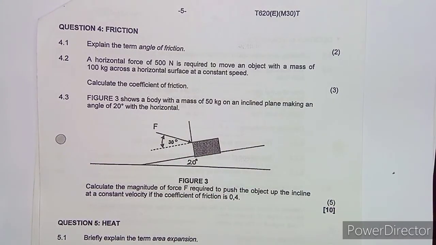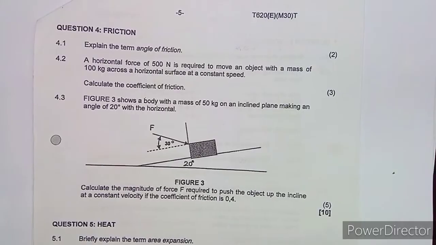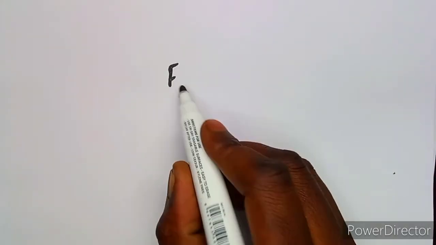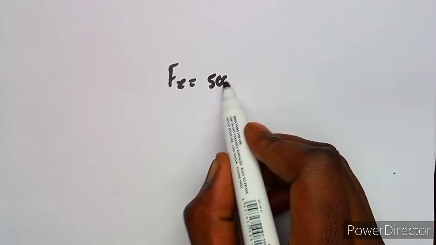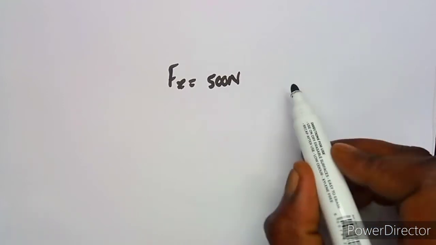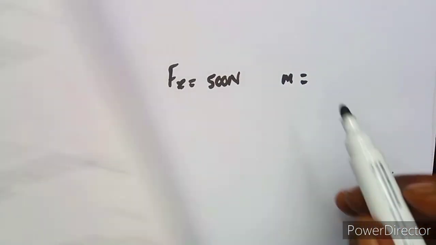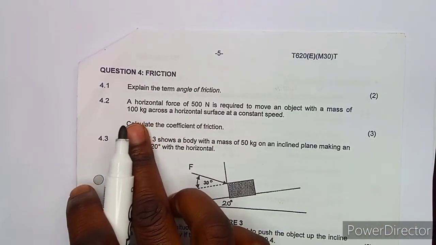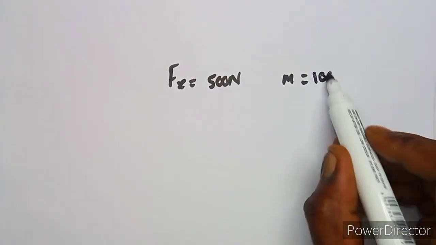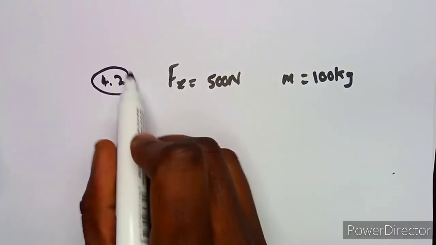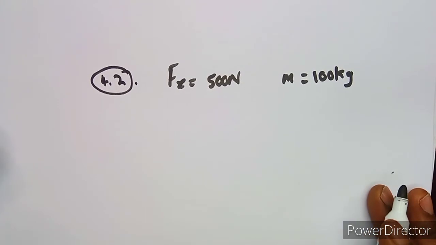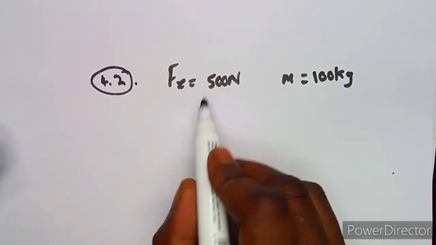So we are just given one force here, guys, which is a horizontal force of 500 newtons. Then we are given the mass of the object, which is 100 kgs. From this information we are supposed to calculate the coefficient of friction.